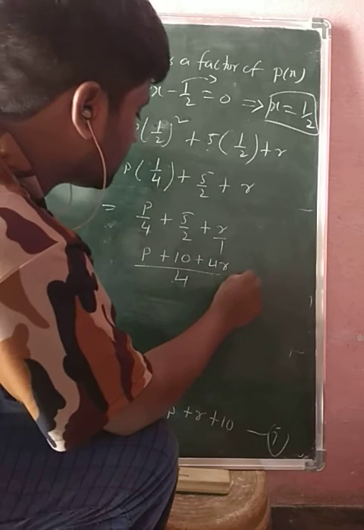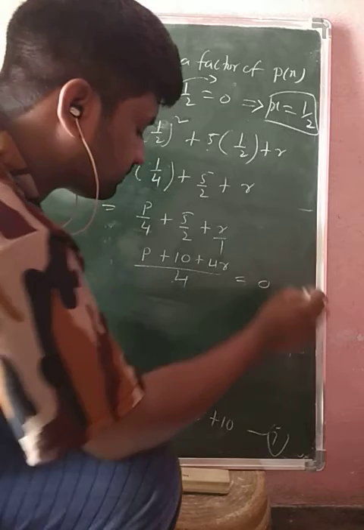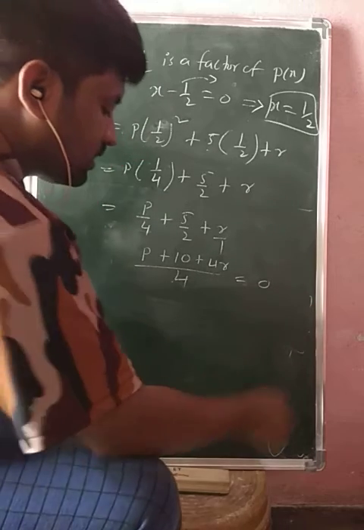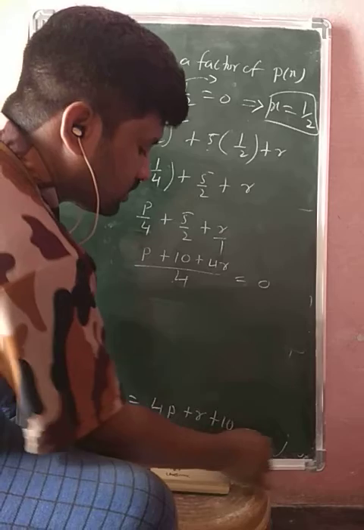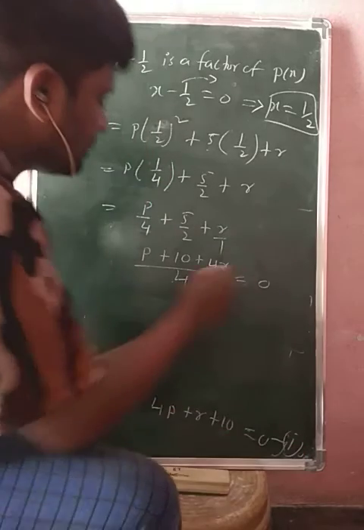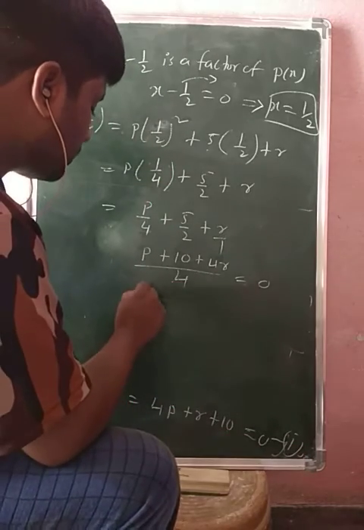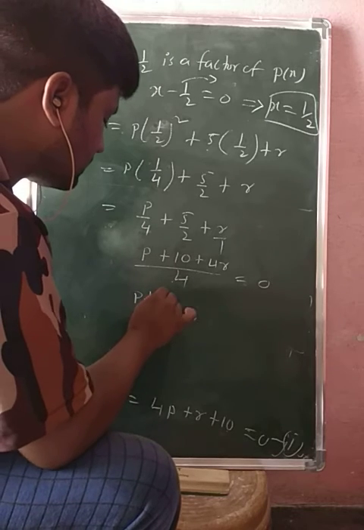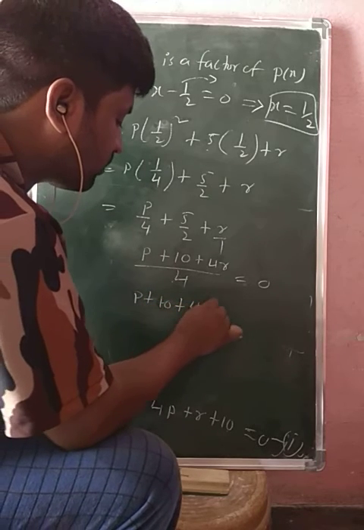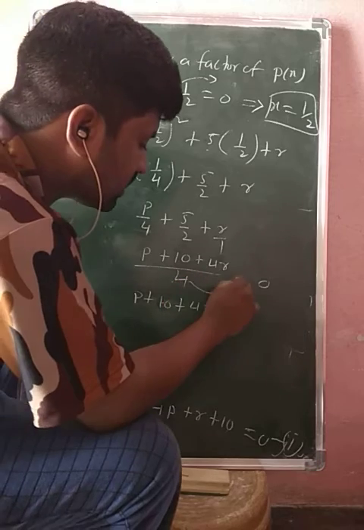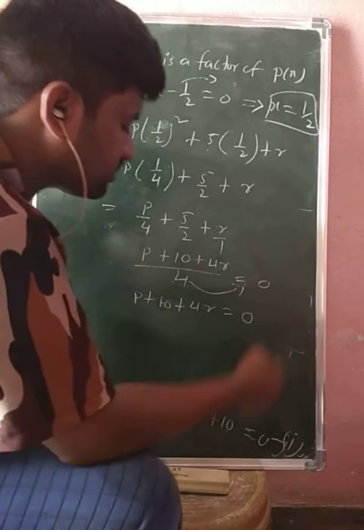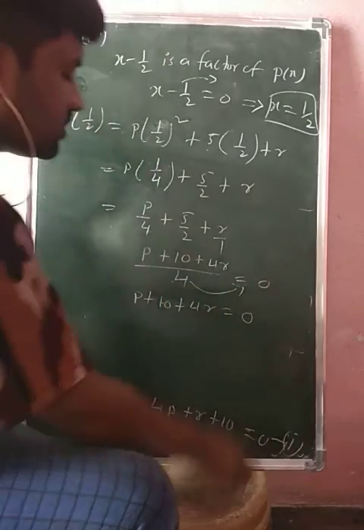Equate it to 0. Then p plus 10 plus 4r is equal to 0. Transferring the division quantity to the RHS, it becomes multiplication, that is 0.